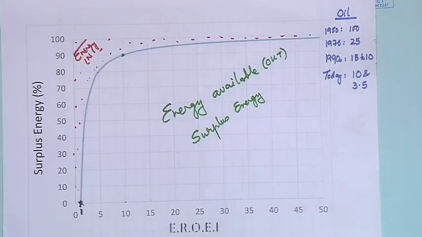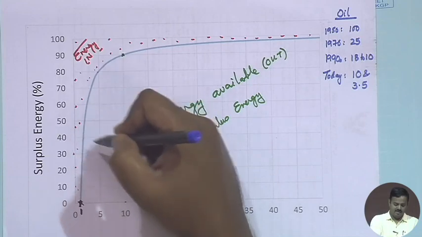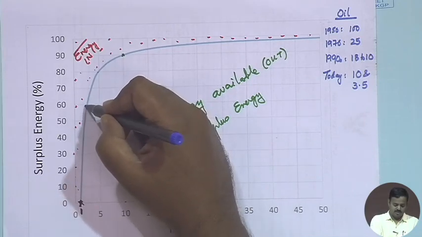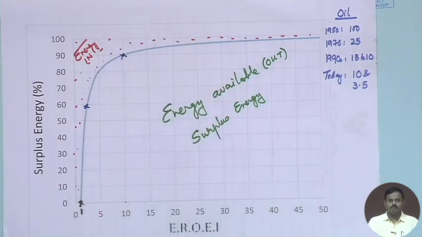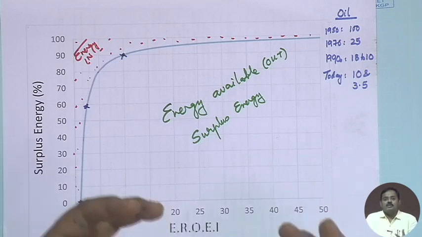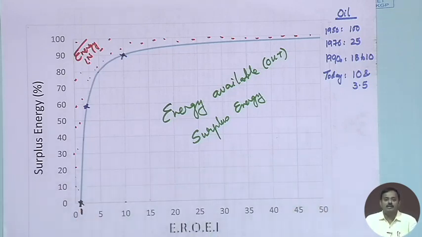So, from 1:100, which is way to the right of this curve, today we have come to around this point. We are somewhere here and here. Very sad, but that is the reality. Because the low hanging fruits, the easily available oil, is no longer available to us, we have used it up. So, that is the scenario of oil today.